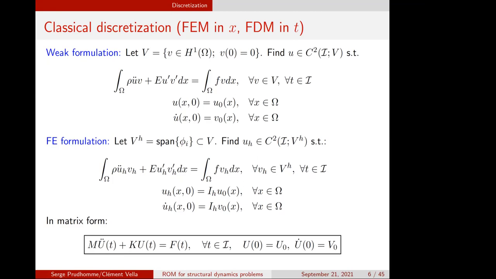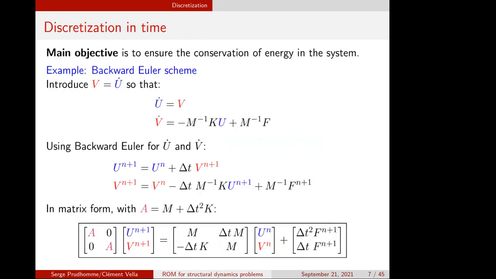Now we are going to introduce a time discretization. And of course, the main objective when we are solving this kind of problem is to ensure that the conservation of energy in the system is preserved. So first possibility is to introduce a backward Euler scheme.